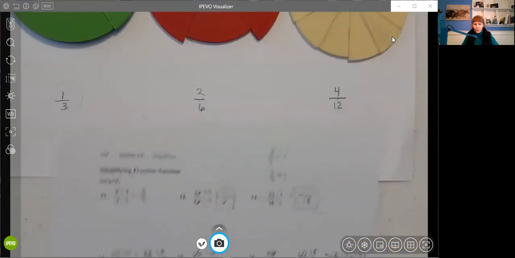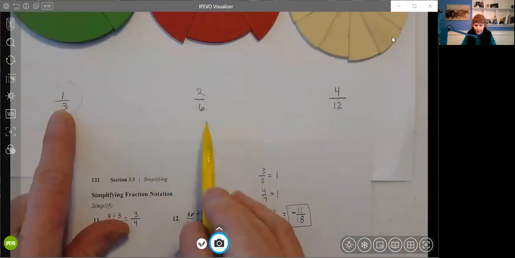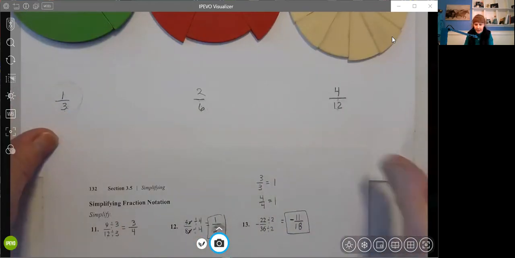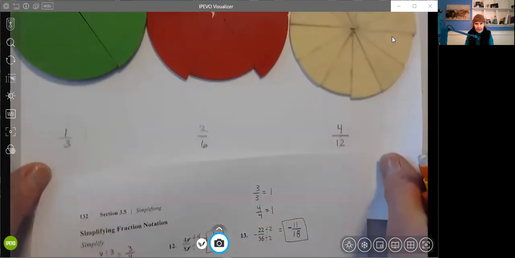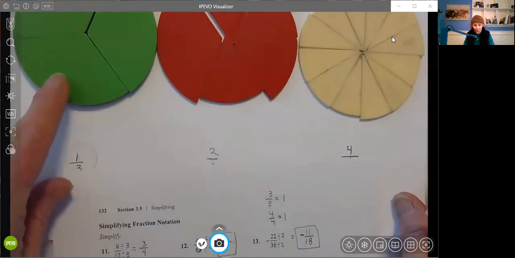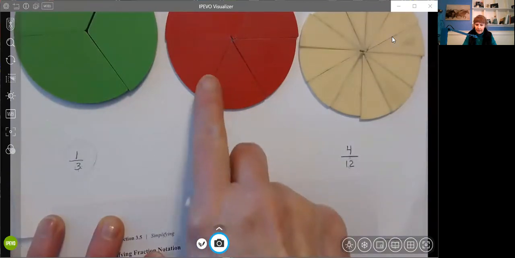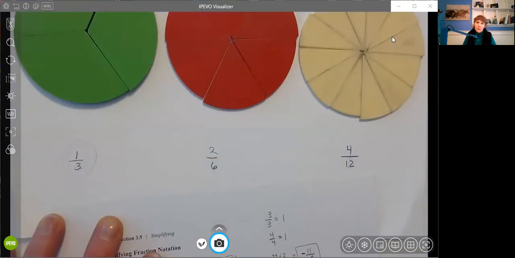How can you tell just by given the 1/3 and the 2/6 that they represent the same amount? How would I know that 1/3 by looking at just the numbers is the same as 2/6? Sometimes they're equal and sometimes they're not. And how can I tell the difference?